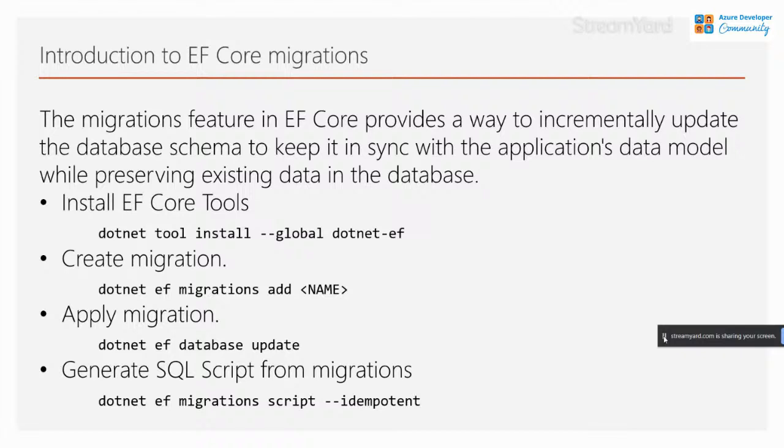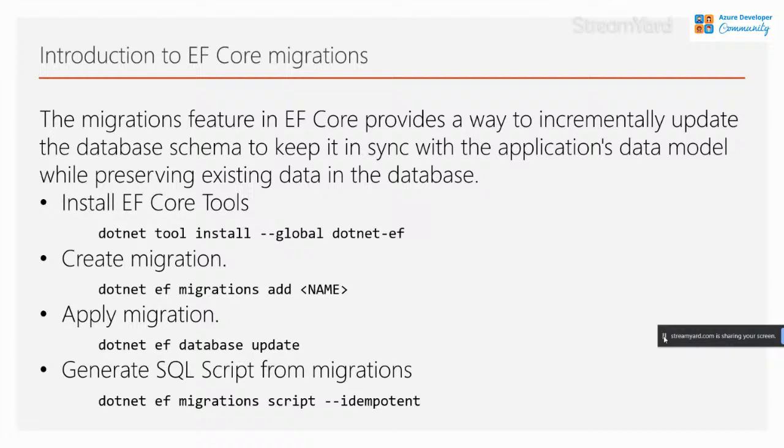What the migrations script does is generate SQL scripts instead of C# code. By default, when you create migrations, they will be in C#, based on your language. In this example, I'm using C#. But you can create a raw SQL script using dotnet ef migrations script.